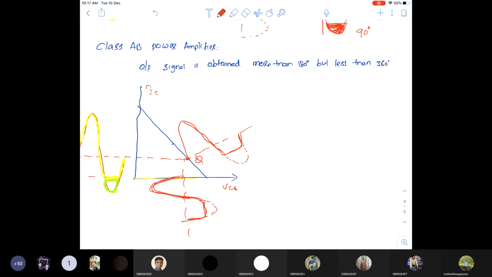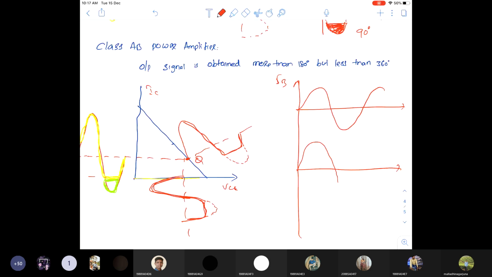The waveforms are: this is the input IB, this is IC, which will be clipped off, and the negative portion is this one.